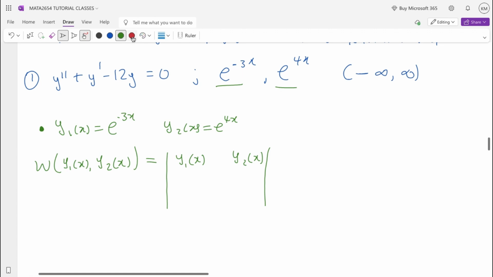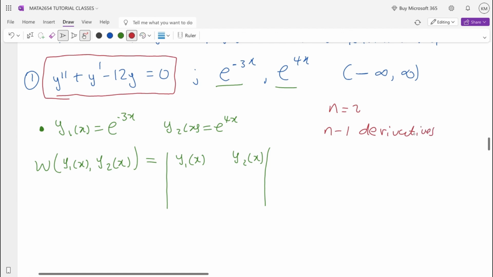Like I said, you go and check the given homogeneous differential equation. You look at the highest order. In this case, it is a homogeneous equation of second order. So if it's second order, it implies that n equals 2. And we know, according to the Wronskian determinant, they have to possess at least n minus 1 derivatives.